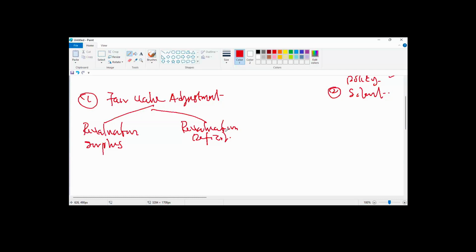Above, upward, higher means surplus. If it is deficit, you will see lower, below, downward.